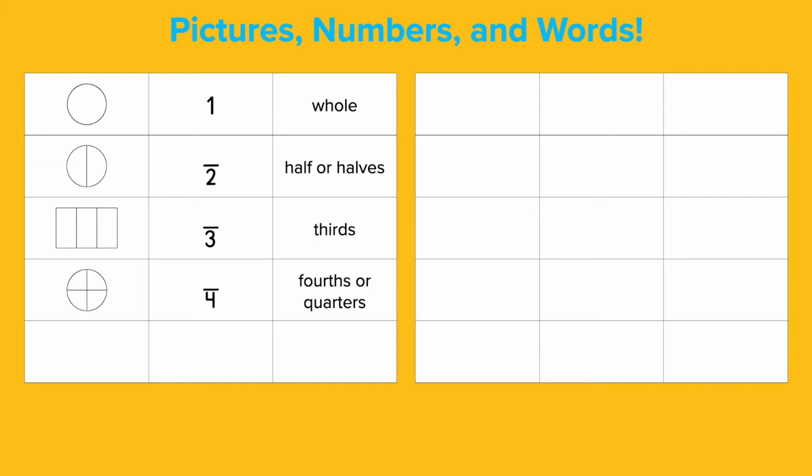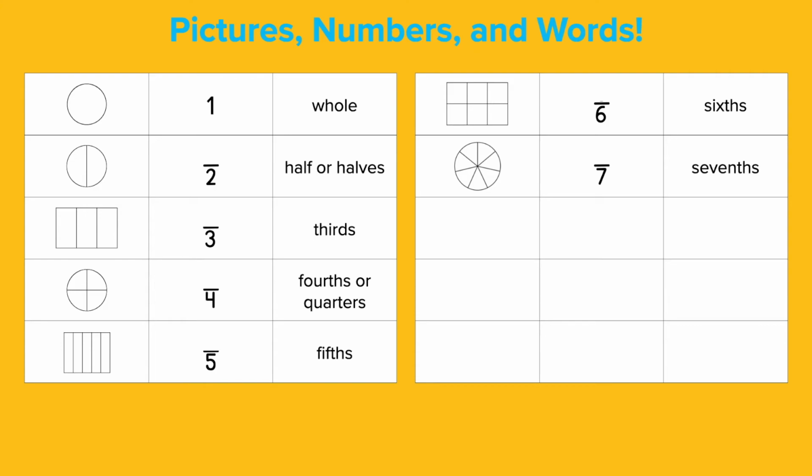If something has been divided into 4 equal parts, 4 is our denominator, and we use either the word fourths or quarters. If something has been divided into 5 equal parts, 5 is our denominator, and we use the word fifths. If something's been divided into 6 equal parts, 6 is our denominator, and we say sixths.